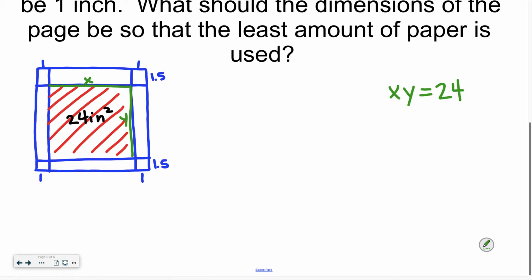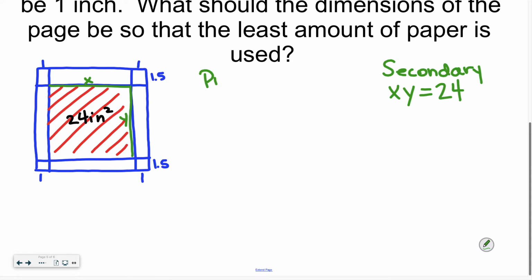Okay. That really doesn't directly connect to what we're trying to minimize, okay? So this is called our secondary equation. Because it doesn't have to do with the dimensions, and it equals a number, okay? That is what we put off to the side for our secondary equation.